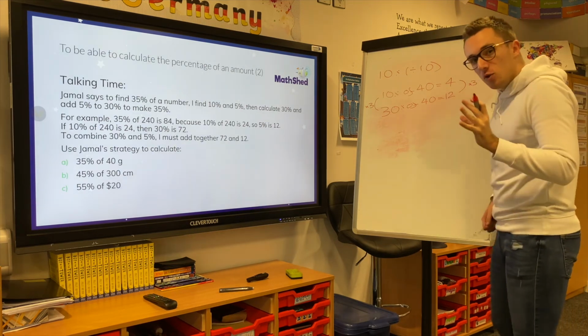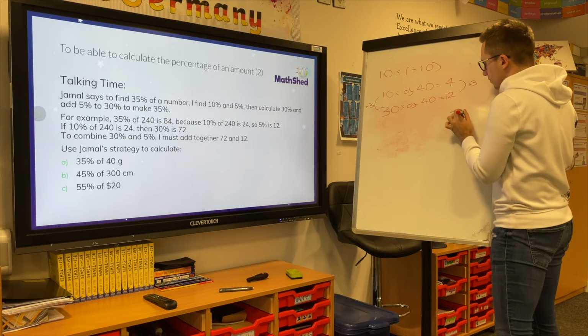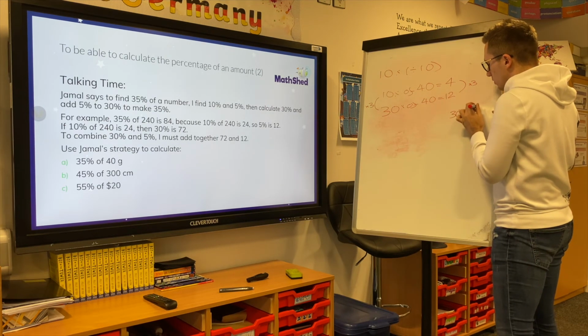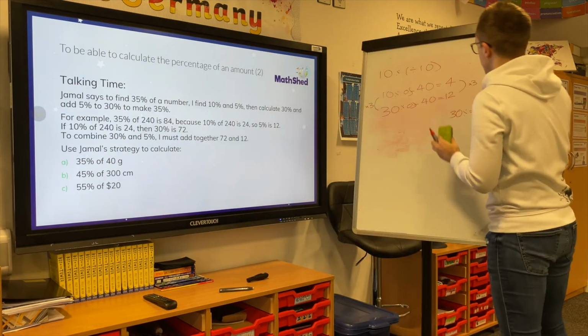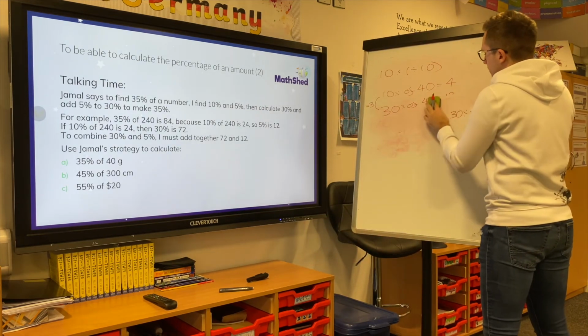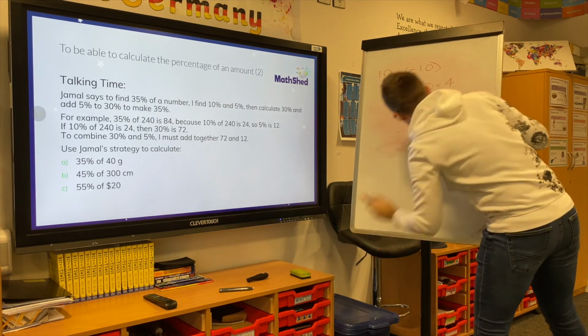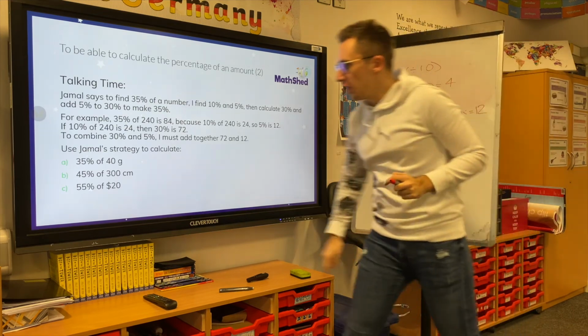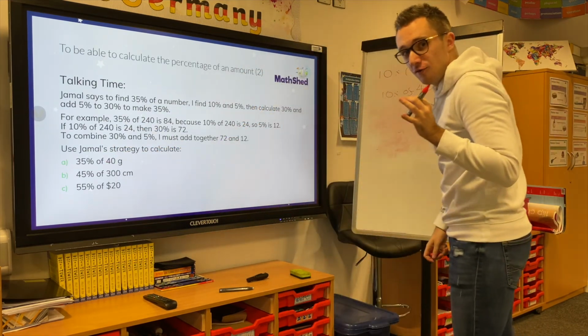So I'm going to keep a note of that. I know that 30% equals 12. And I'm going to rub that out, because I found 30%, but I don't want 30%, I want 35%. So I now need to find the 5%.